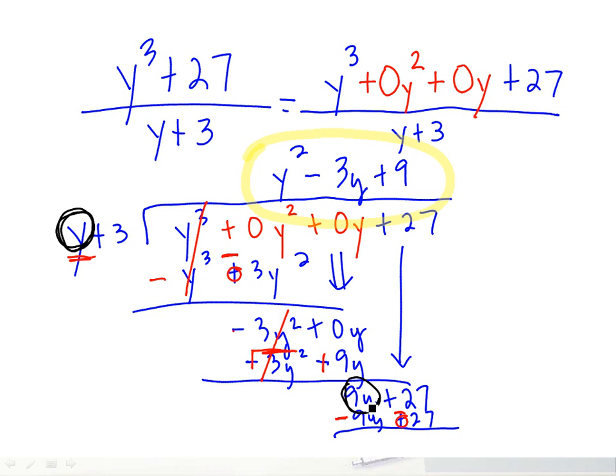But notice that this y is to the first power and this y is to the first power, so you can keep on going. But if this was just a number here, then you can't multiply y times something to get that number, because you're always going to have that y. Alright, let's do one more.